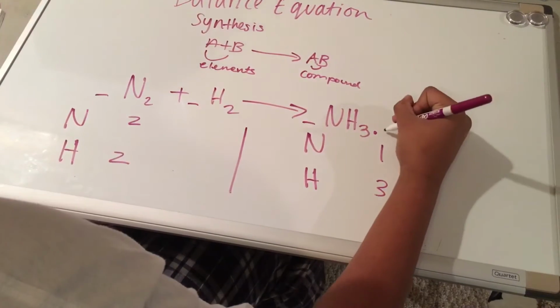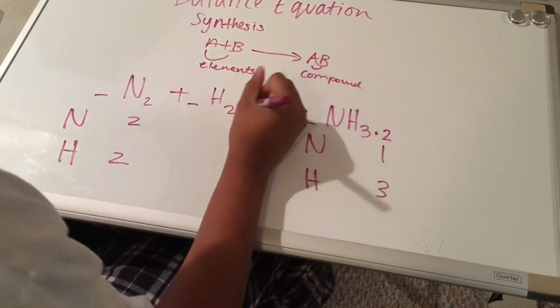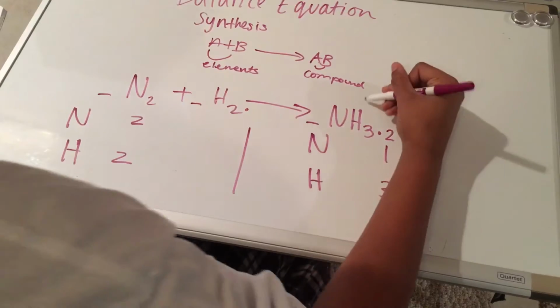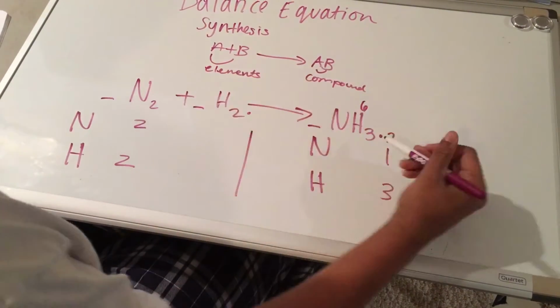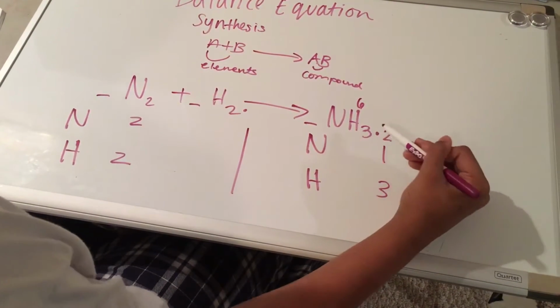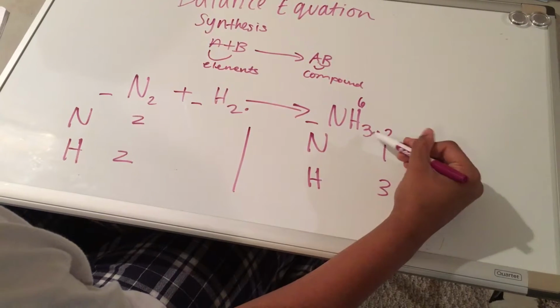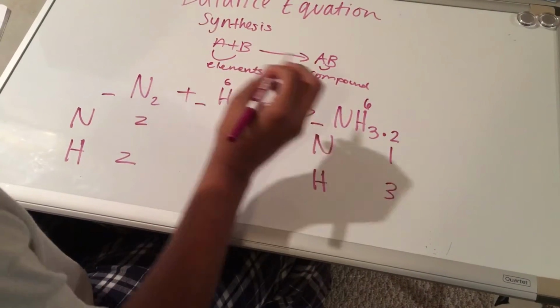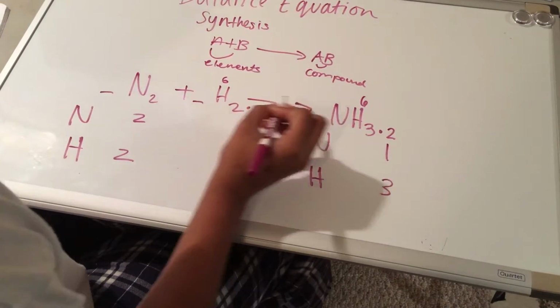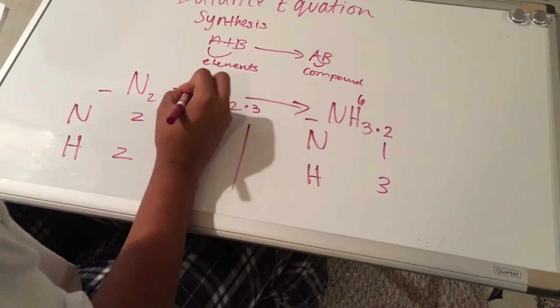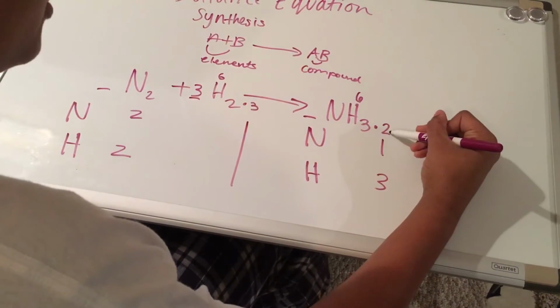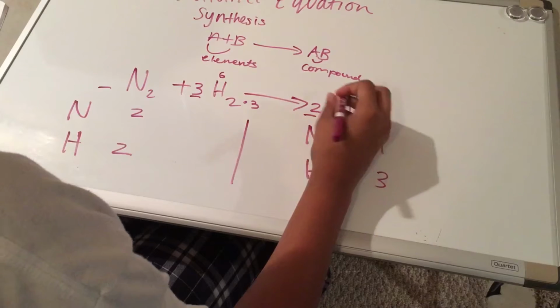So the closest number that you can try is 2, and that would be 6. So if this element has 6, then that means that this has to have 6 as well. So 2 times 3 is 6. So you would put a 3 right here, and you would put a 2 right here.